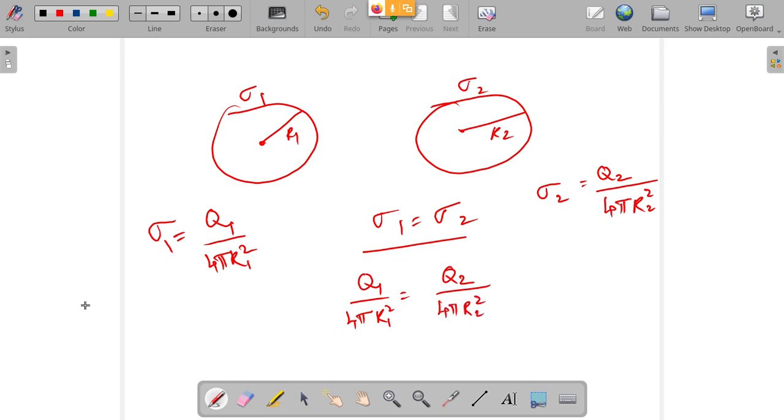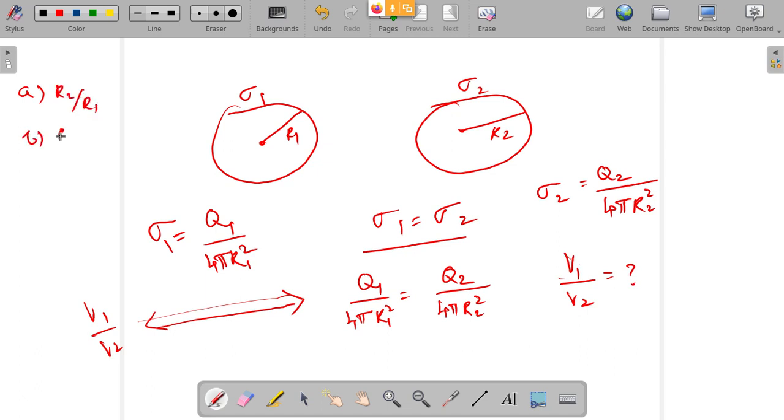Now what is V1 over V2? You have to link it. This and that you have to link. Please link these two with your potential formula and give me the answer for V1 over V2. Maybe I will give you the four choices for this. A is R2 over R1.